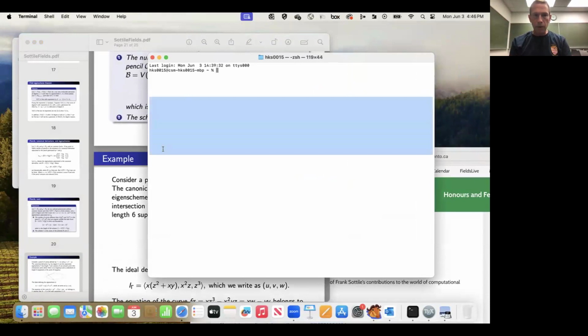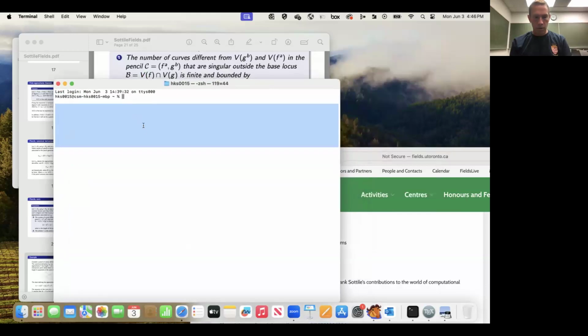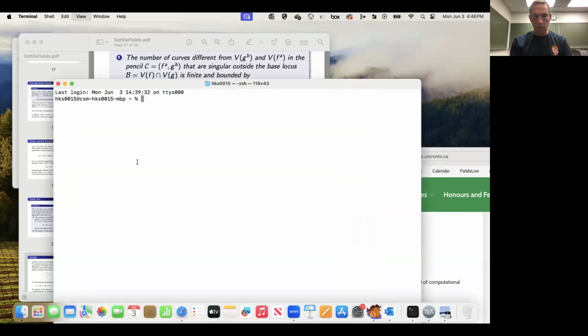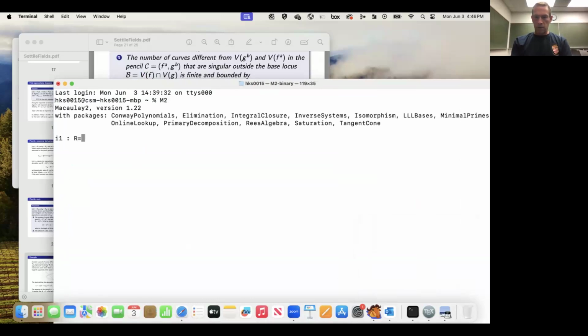Let's see, got to make that bigger. Okay, let's do this computation in M2, Macaulay 2. Our ring is, we'll just work in a finite characteristic.